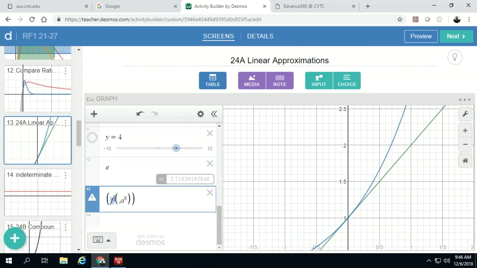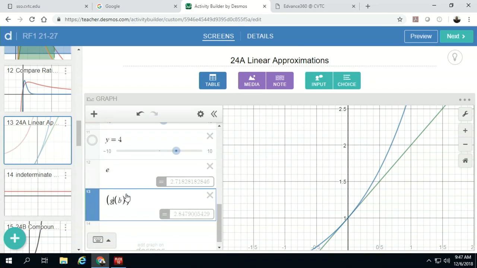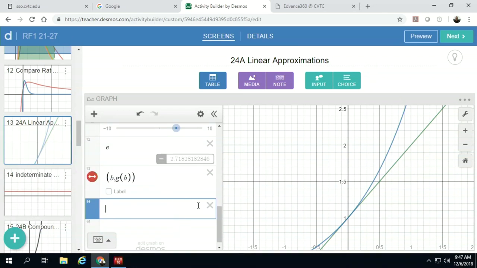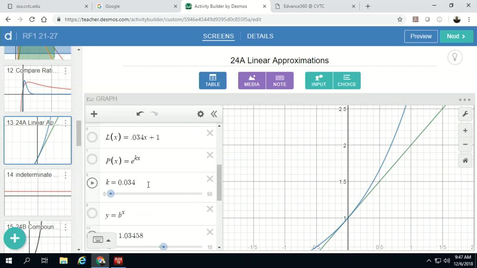G of B. Okay, and that's going to be a, comma, G of a. Let's play it again and see what happens.